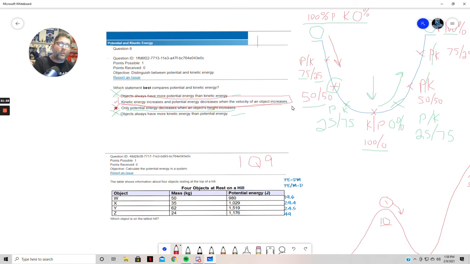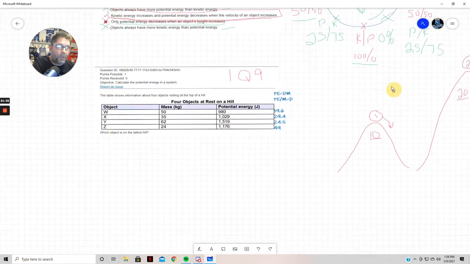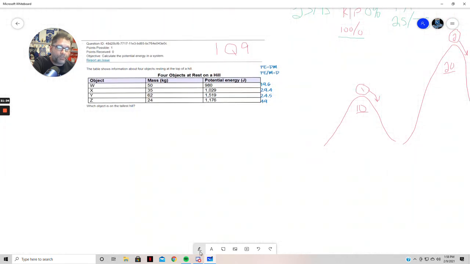So I wanted to touch on that, and let me close this out one more time and bring this one up. I didn't bring in the options, but just to show you how to do this one, and then we can talk about the four choices and pick out which one, because we got the question right here: which object is on the tallest hill?